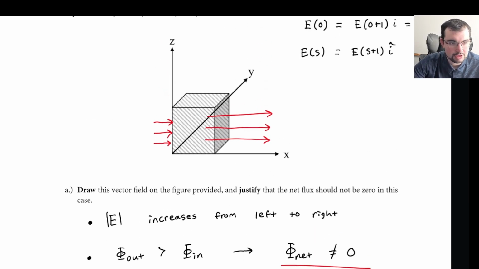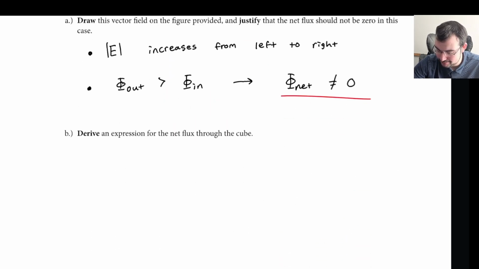Just based on this picture, I have more field lines exiting than entering, so there must be some sort of source inside. So on average, this should be a positive flux. Let's figure out what that is.